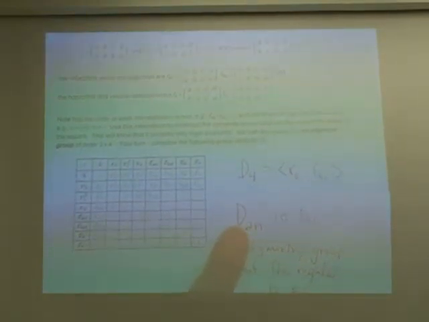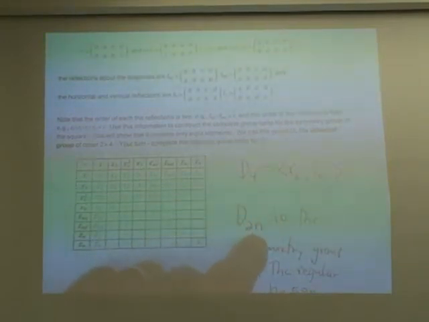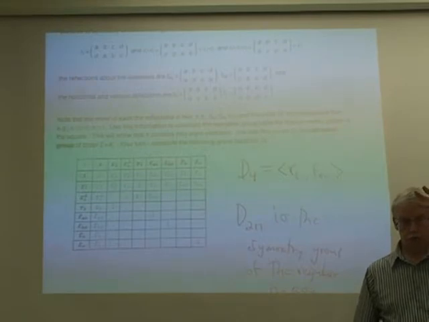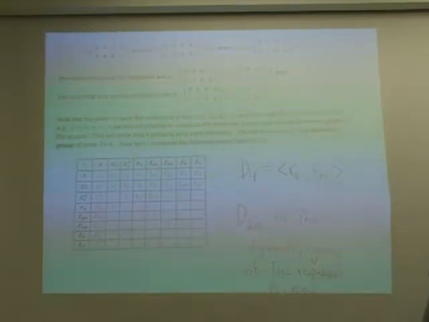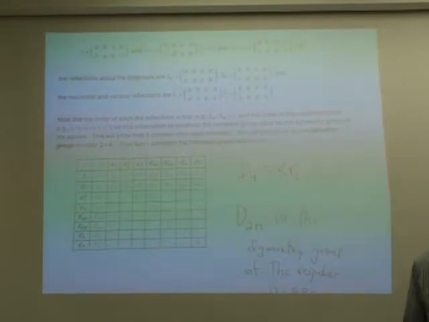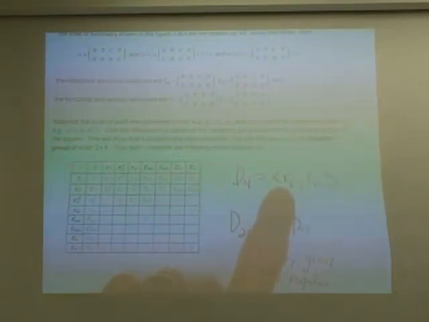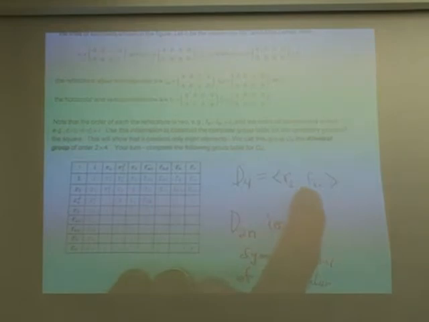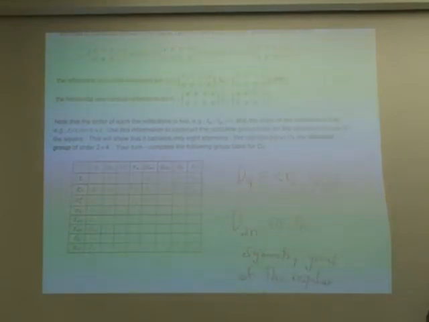So D4 actually has 8 elements. The pentagon symmetry group D5 has 10 elements. And they're always generated this way, by a rotate and a single flip. And you'll get them all by combinations of those.